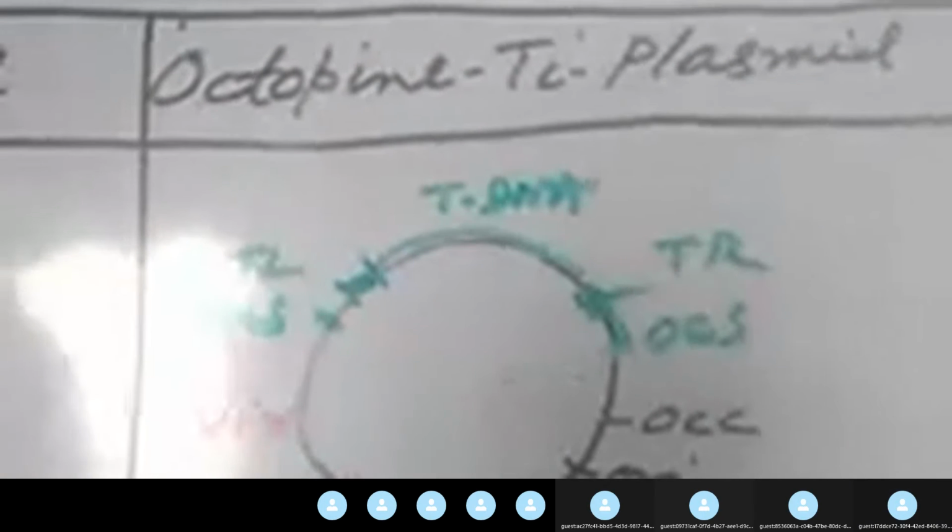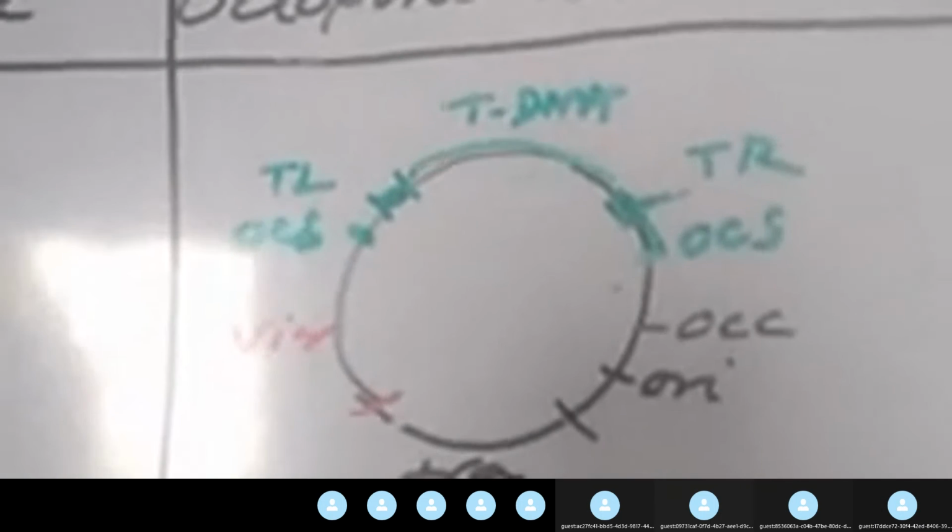The different types of Ti-Plasmids have been sketched on the whiteboard, and I am going to explain first the Nopaline Ti-Plasmid. This is a diagram of the Nopaline Ti-Plasmid. This is the tDNA region.